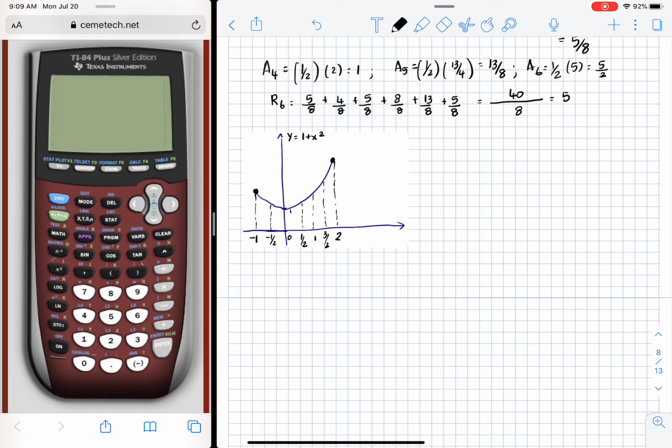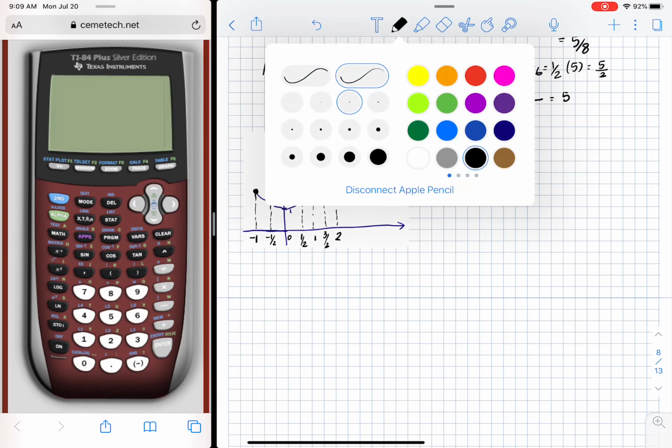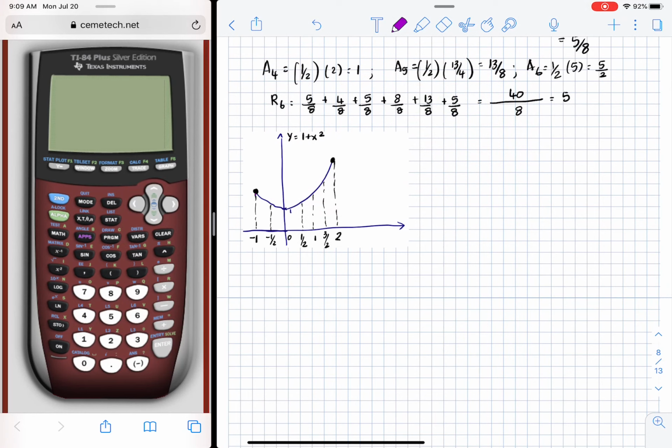Now I just have to draw the rectangles from the left-hand side. So I'm going to start with my rectangle from the left-hand side. It's going to go up there and drop down. The next point is right over here, so it's going to go up to that point and drop down.